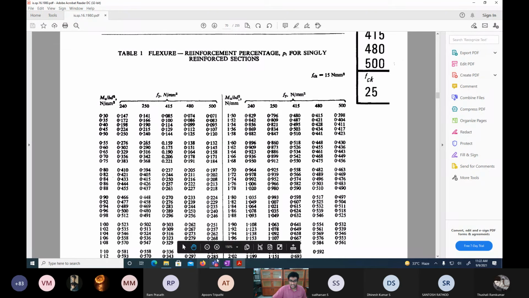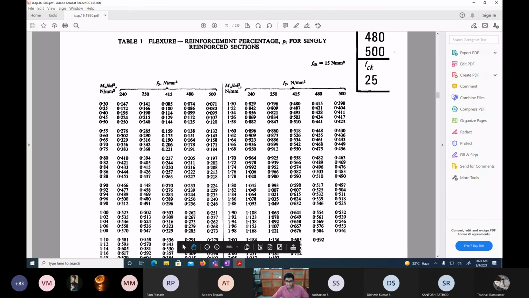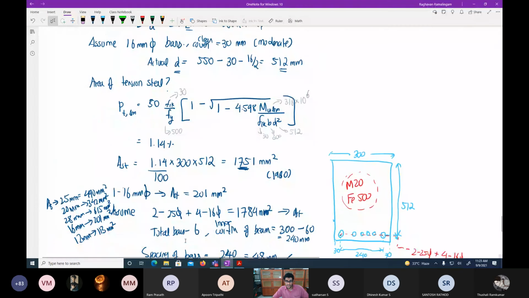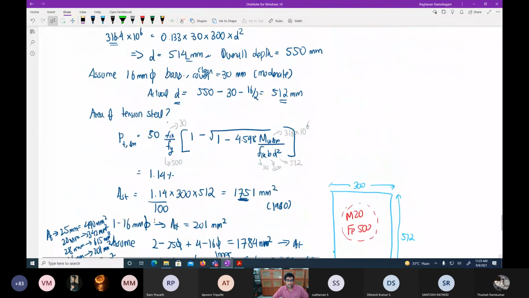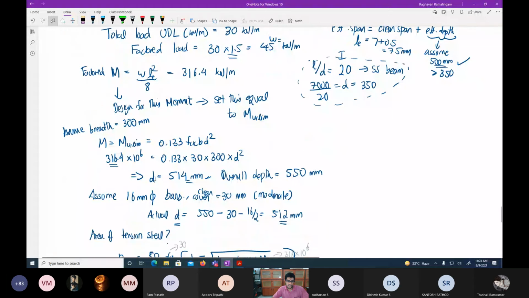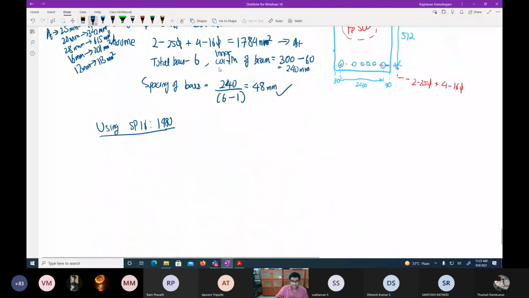I think we are somewhere at the limit. So if I use the same thing, what is my Mu limit? It is 316.4. So my Mu was 316.4 into 10 power 6.